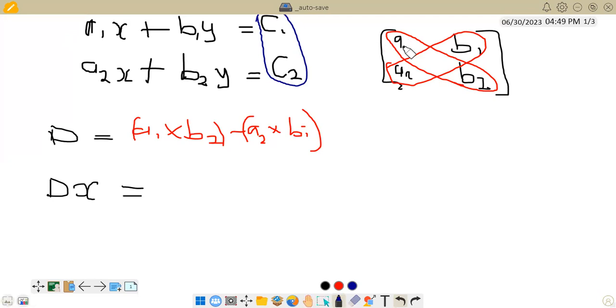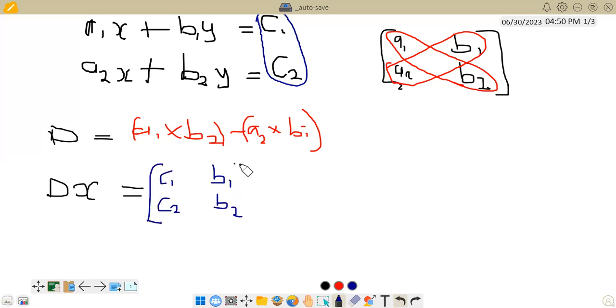So in our matrix, we had a1, b1, a2, b2. Now, because we want to find the Dx, we're going to replace this a1 by c1 and this a2 by c2. So our matrix will look like this. It will be c1, b1, then c2, then b2.